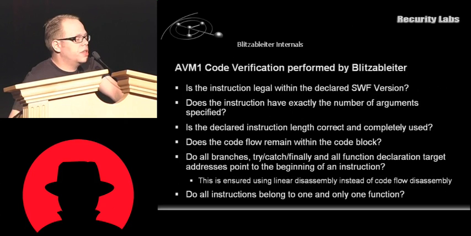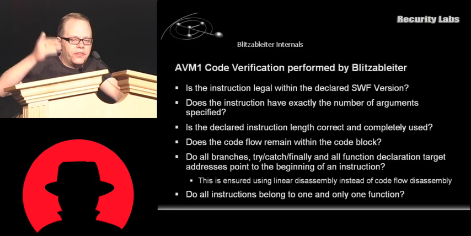So what we do in a code verification is check all those properties. Instruction length: the number of arguments that the instruction needs, the declared instruction length, is it completely used? Does the code flow remain within the code block? Does it jump to an instruction that is actually defined, or does it jump into an instruction?